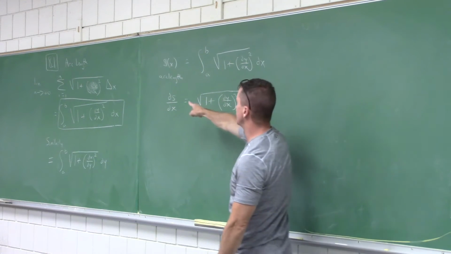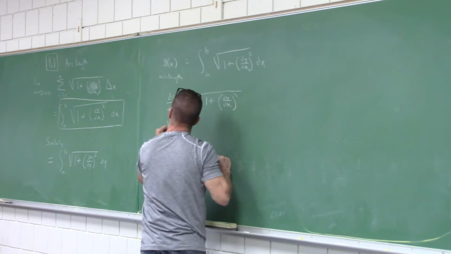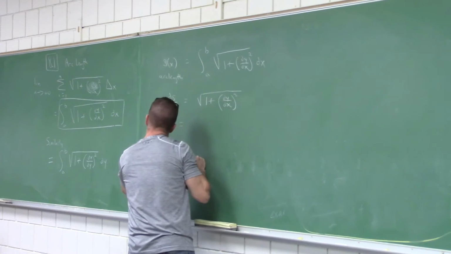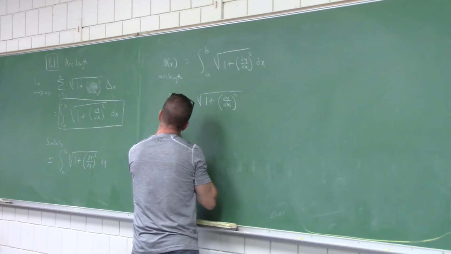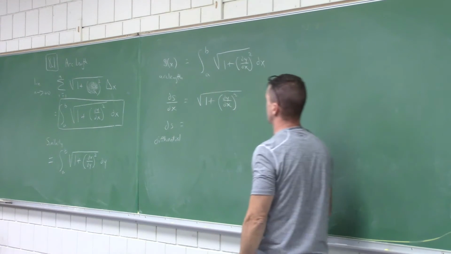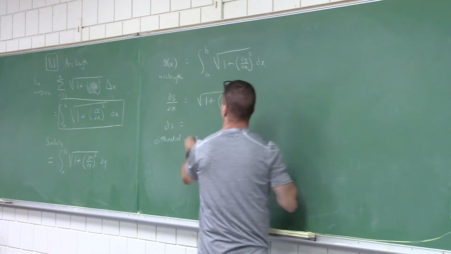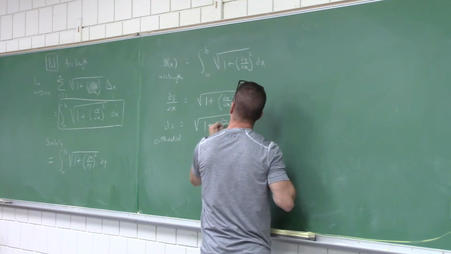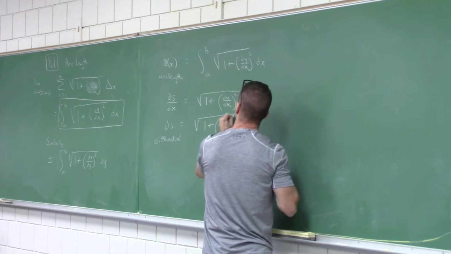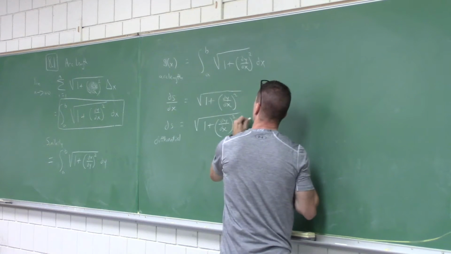So isolate the ds. What would ds equal? They call this the differential. The differential. What would ds equal? Square root of 1 plus dy over dx squared, and put the dx right over here.